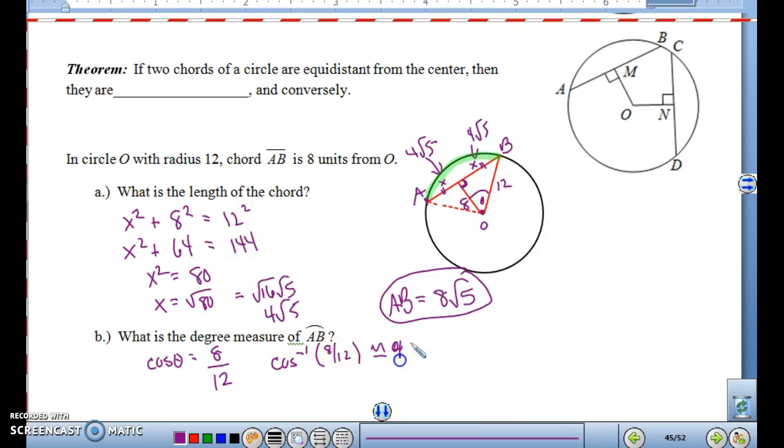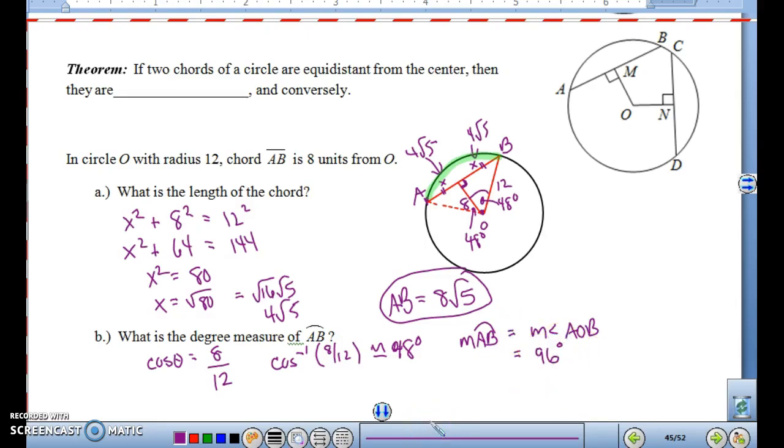So this angle right here is 48 degrees, and this angle over here is also 48 degrees. So the measure of arc AB is equal to the measure of angle AOB, and AOB would be 96 degrees.